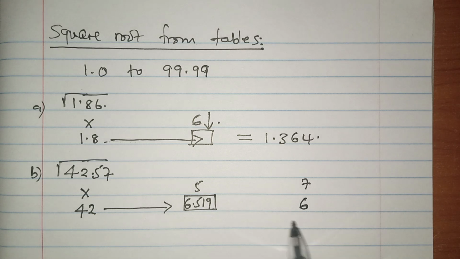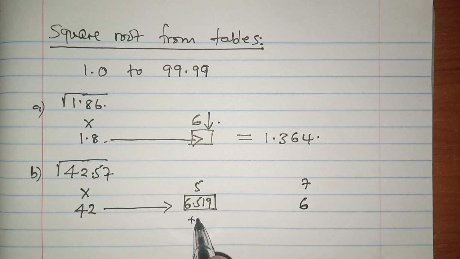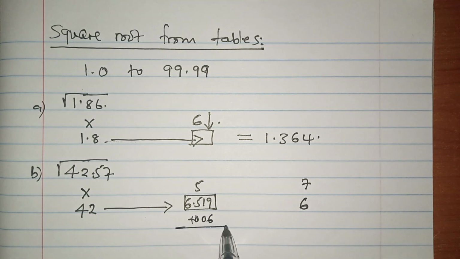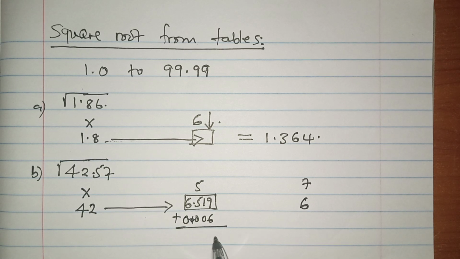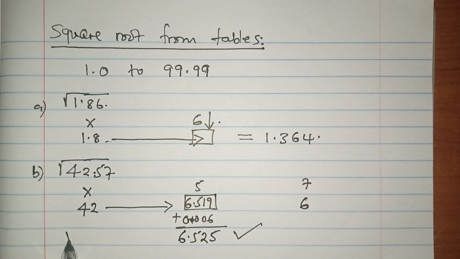We should just add it to this. So plus 0.006, and then the final answer is 6.525. That is the square root of 42.57.